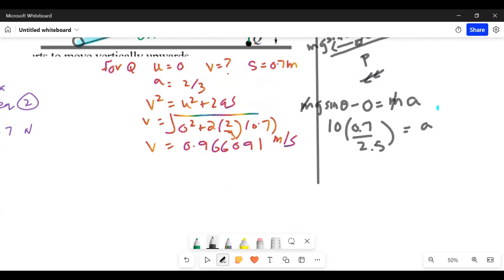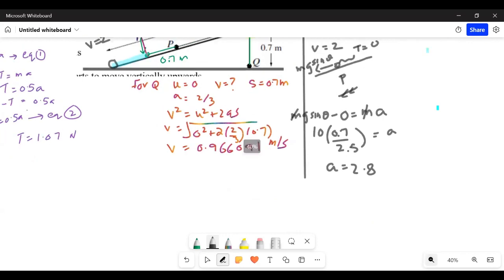Can you confirm? Acceleration should be 2.8. Do you get 2.8 from here? Yes, ma'am. Okay. So acceleration is 2.8.